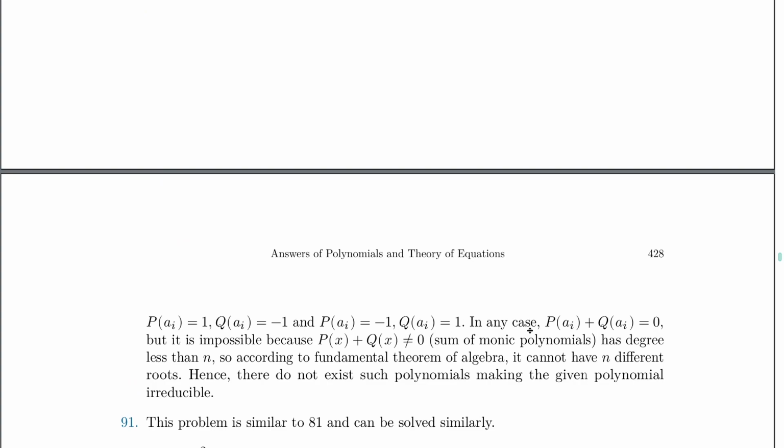In both cases, the sum would be 0. But that is not possible, because the sum cannot be 0 for monic polynomials which have degree less than n. So from the fundamental theorem of algebra, it cannot have n different roots, and therefore there do not exist any such polynomials, making the given polynomial irreducible.